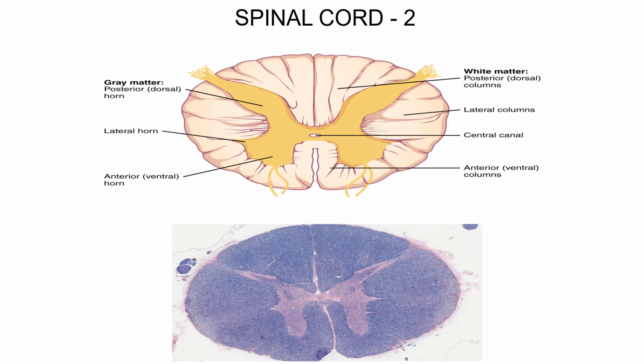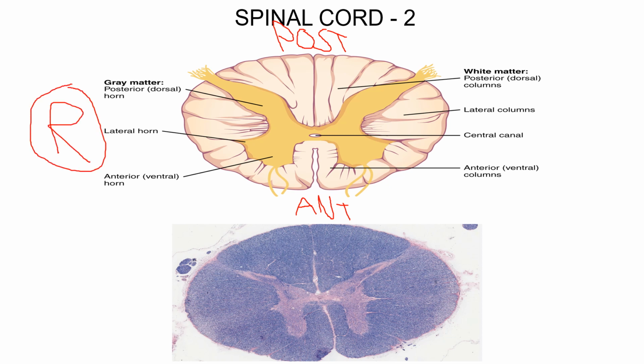So let's look at this top picture first and focus on the different parts we need to know. So here would be the posterior part of this top picture, and this would be the anterior portion. And since we're looking down into somebody's spinal cord from an anterior to posterior view, this would still be the right side of the body, and this would still be the left side of the body.